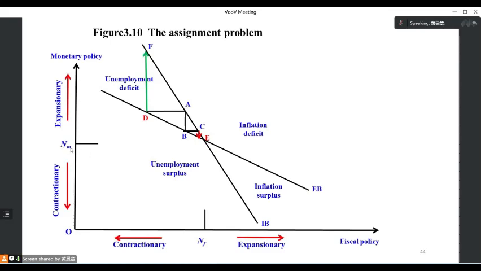At the point E, the external balance is in equilibrium and the internal balance is in equilibrium too. And the two lines divide the area into four zones.